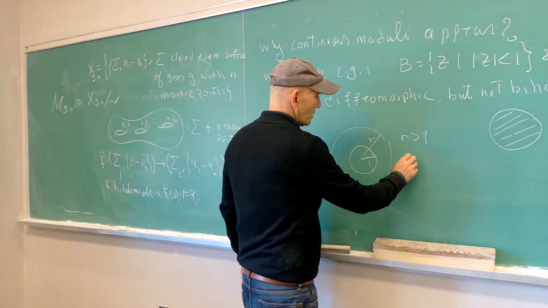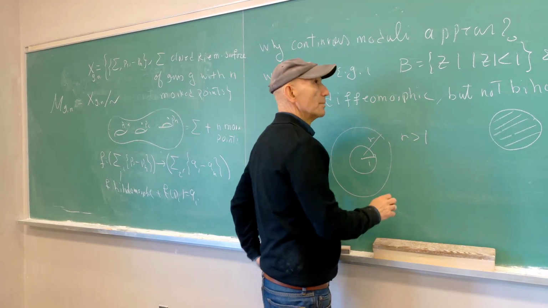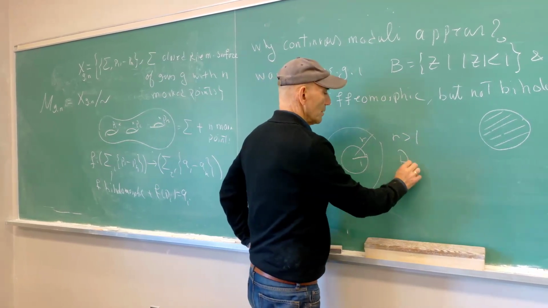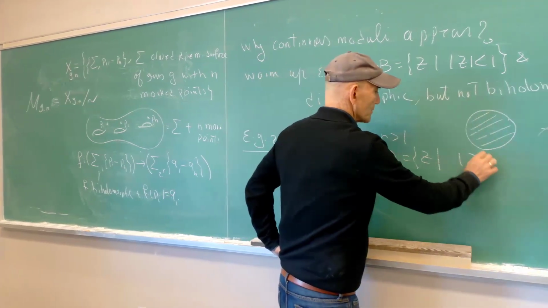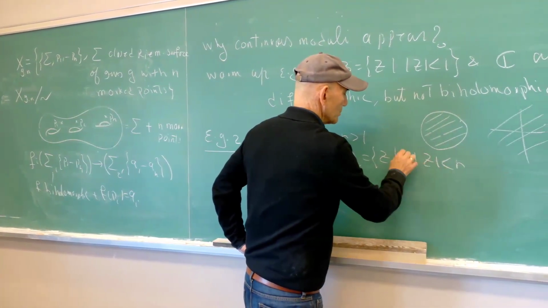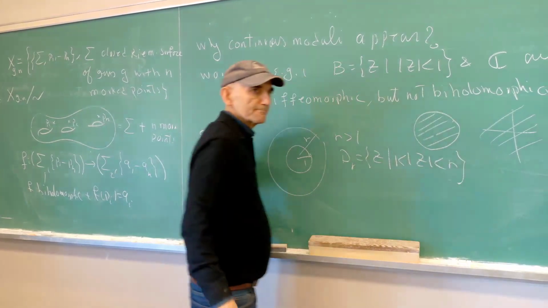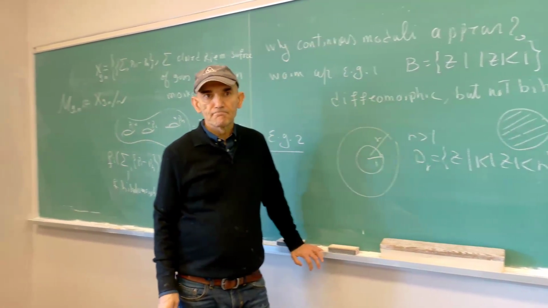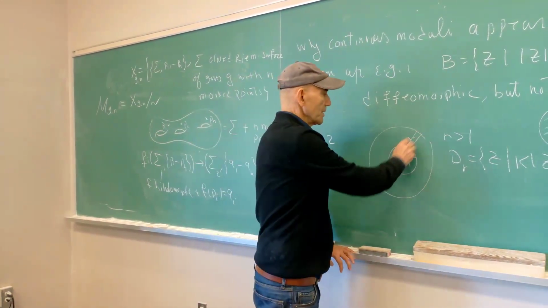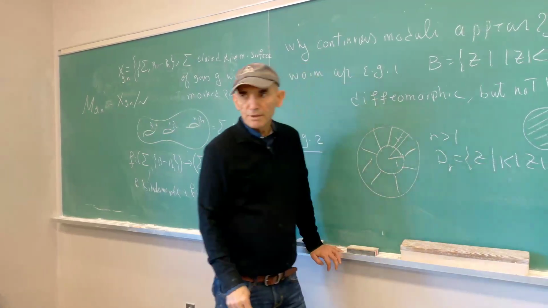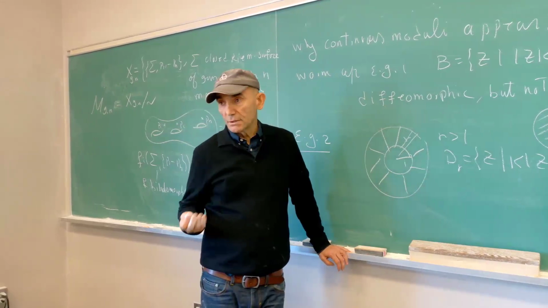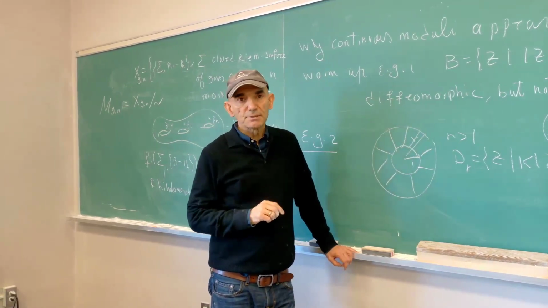So this D_r is the set of all z such that the absolute value of z is less than r. It's obviously a Riemann surface. It's not closed, but that's okay.